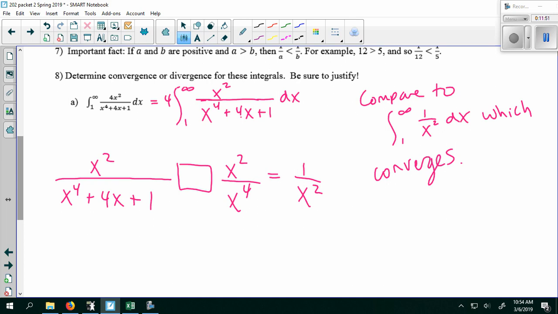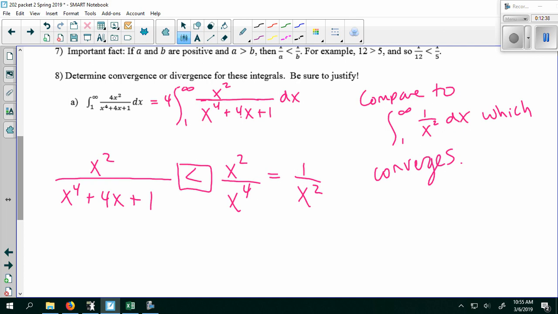Numerators are the same, so that's not going to change the value. The denominator on the left, is that going to be larger or smaller than the denominator on the right? The denominator is larger, right? Because my x values are all between 1 and infinity. So if you plug in a large x value into x to the fourth plus 4x plus 1, it should be bigger than just x to the fourth. A little bit bigger, right? And when the denominator is bigger, the fraction value is smaller. So that's less than. Does that make sense?